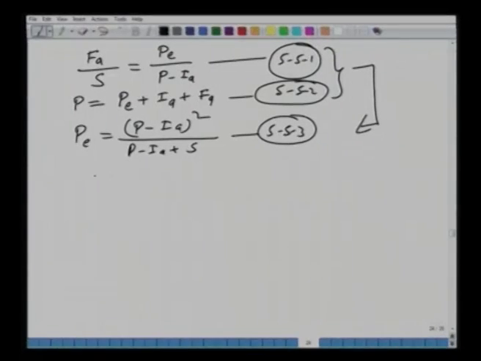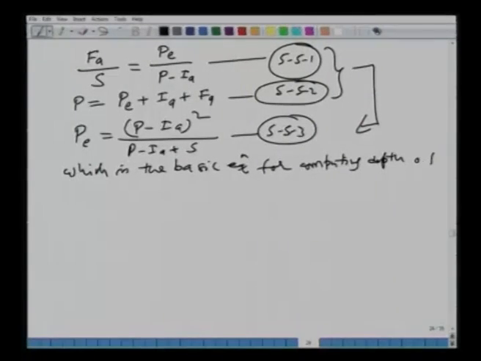This is the basic equation for computing the depth of excess rainfall, or ER I will say in short, or the DRH, the direct runoff hydrograph, from a storm by the SCS method. This is the basic equation.